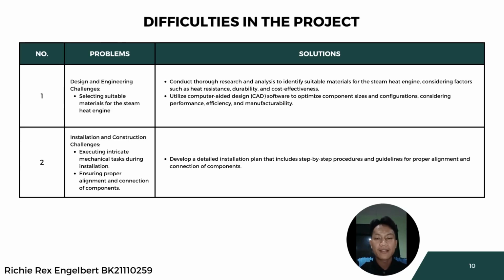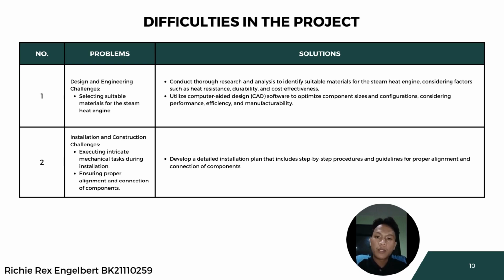My name is Richie Engelbert, and I will be talking about the difficulties in the project. One of the difficulties is the design and engineering challenge, which is selecting the suitable materials for the steam heat engine.